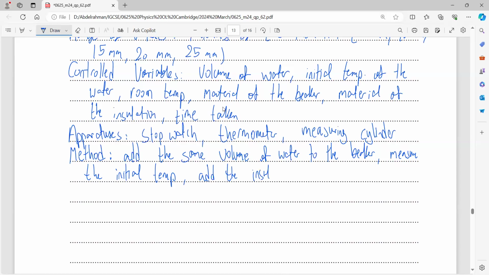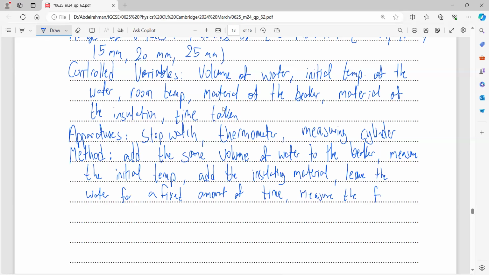Add the insulating material. Leave the water for a fixed amount of time, and then measure the final temperature.